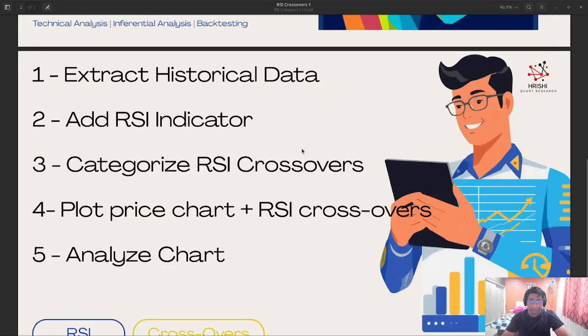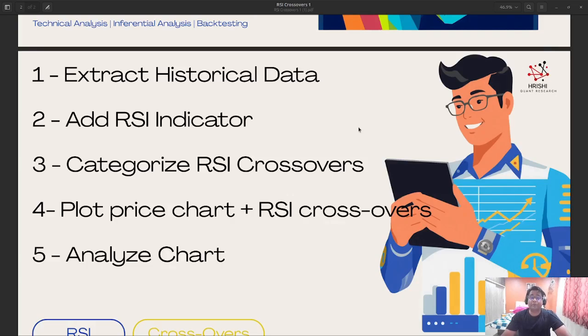First step is to extract historical data for a particular script. Then we will add the RSI indicator, and once we get the RSI, we will mark the entries, or categorize each row, based on whether on that particular candle RSI has crossed above 10 or 20 or 30 or 40.